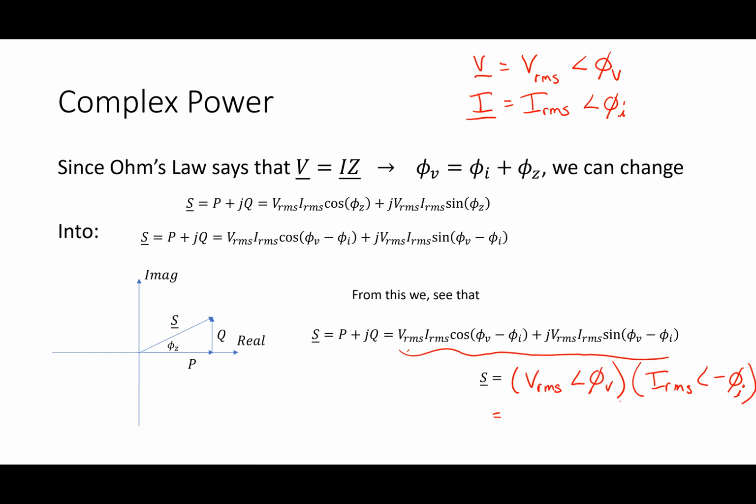If you did this multiplication out and converted it into Cartesian form, you would get this result right here.